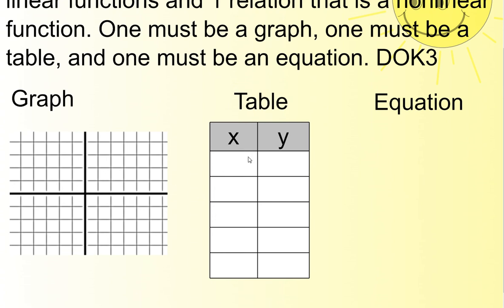That would mean you need to make the table that is non-linear. Or if you make maybe these 2 linear, the equation and the table, then you'd make your graph that is non-linear. So out of the 3 spaces provided, you're going to make 2 things that are linear functions and 1 thing that is a non-linear function.